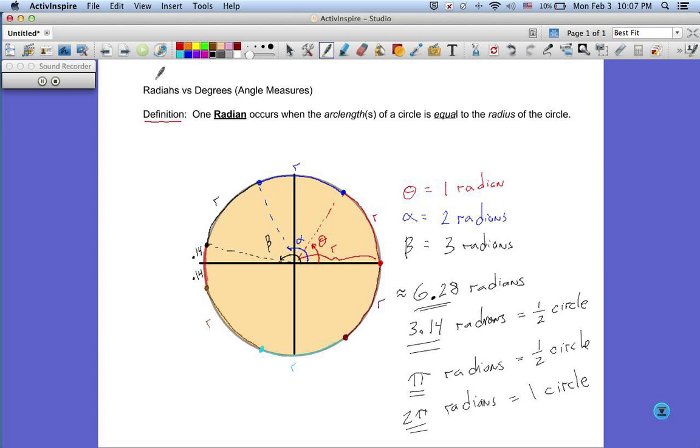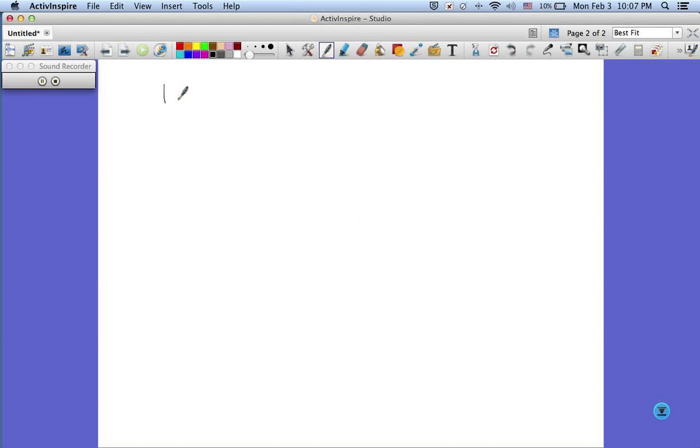So now let's compare them to degrees. We've said that 1 radian is when the arc length equals the radius. And then we said pi radians is half a circle.